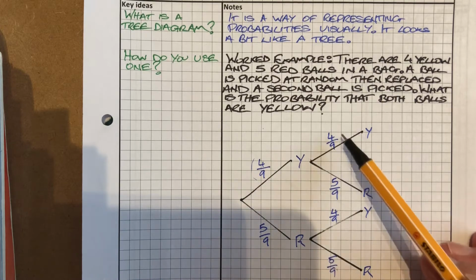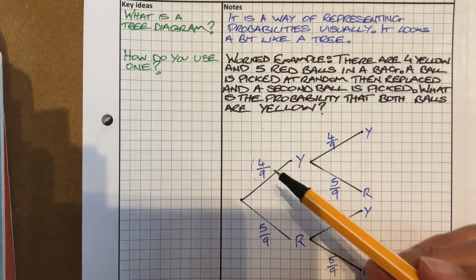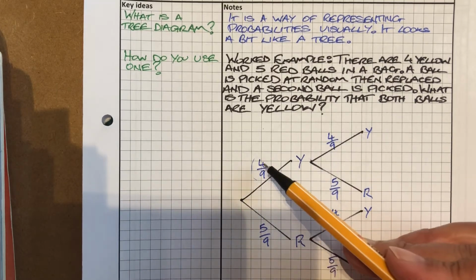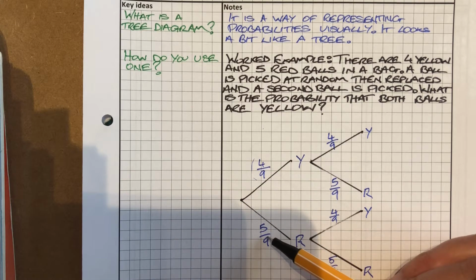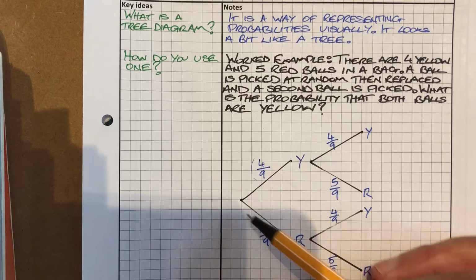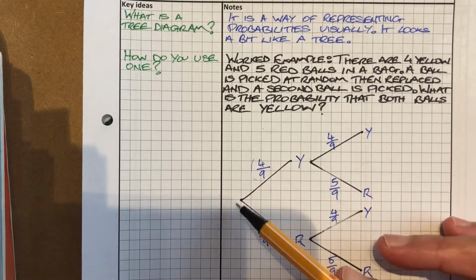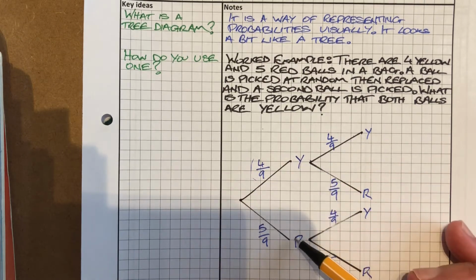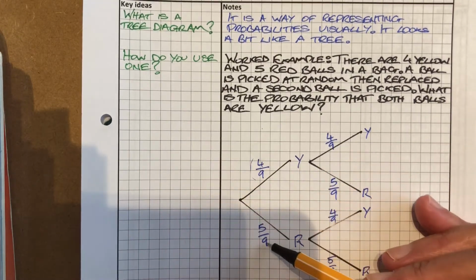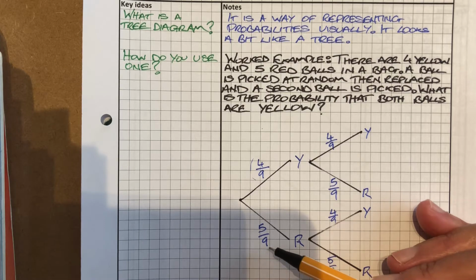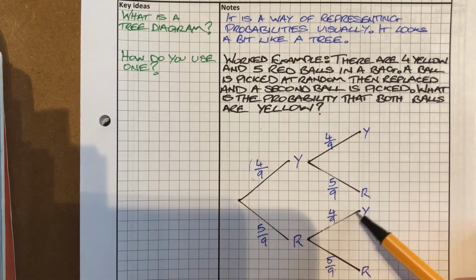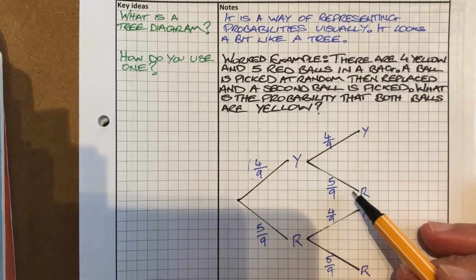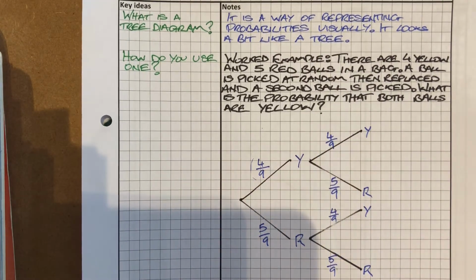But on all 3 forks, notice that when you add the probabilities together, 4/9 add 5/9, you get 9/9, which is 1, because what we've got here represents all the possibilities. So it is certain that we get a yellow ball or a red ball. So these probabilities must add up to 1, and that will be the case everywhere on every tree diagram, that all the probabilities on that fork add up to 1.